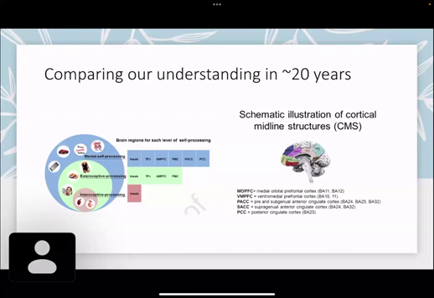So this complicated large-scale network is our self network.